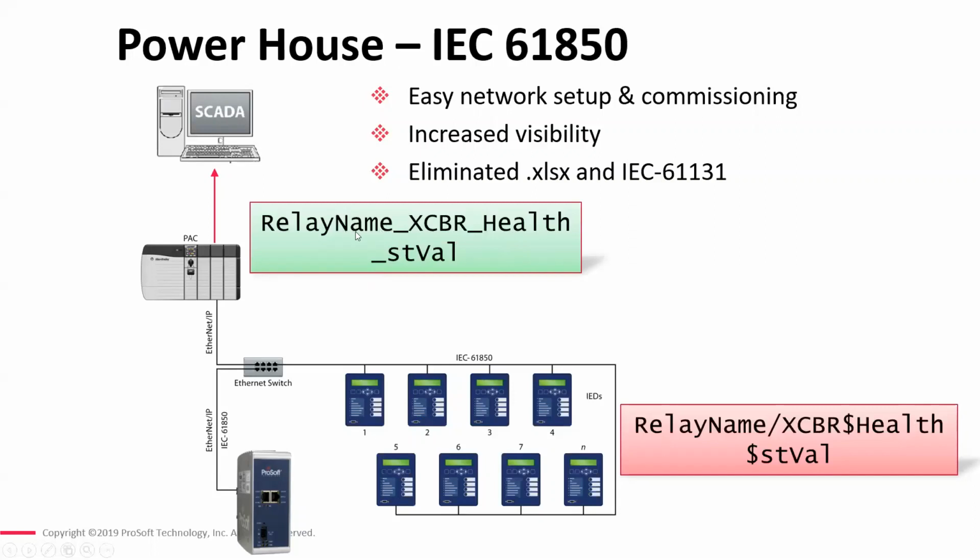The tag name seen in the PLC code, or in the Rockwell code, was the same tag name used all the way down in the relay device software. This allowed them to increase their visibility. Because of the ease of implementation, they actually expanded the amount of data they were supporting, which provided a lot of benefits for them.